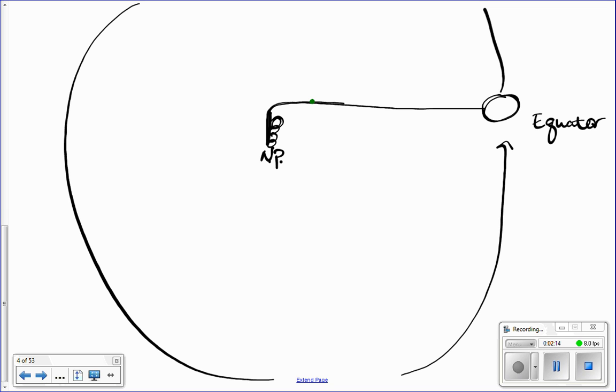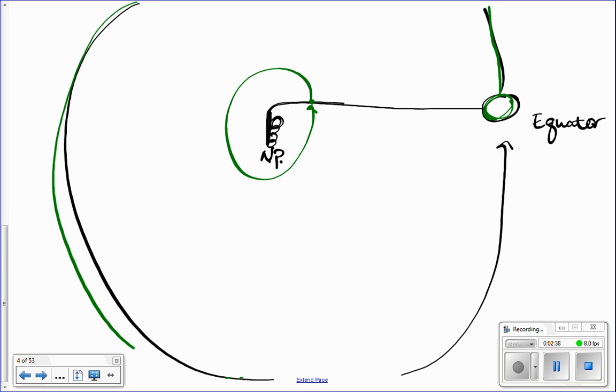A point that's up here closer to your hand or to the North Pole only has to travel this far to complete one rotation. Whereas the ball all the way down here has to go all the way around. It has to travel much farther to complete one rotation.